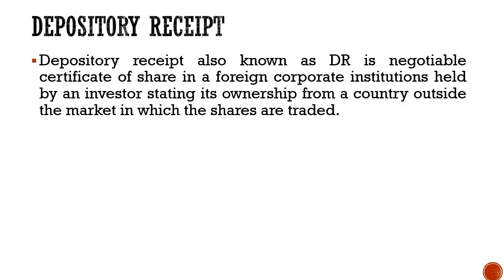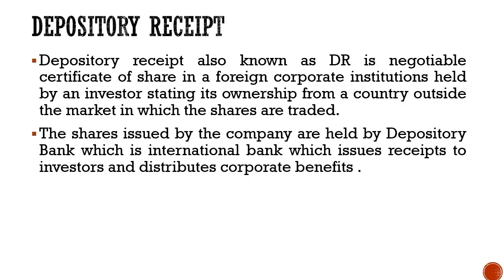In simple terms, a depository receipt is a negotiable certificate held by a foreign or overseas investor of a country which is outside the country of the issued share. The shares issued by the company are held by depository banks, which are international banks that issue the receipt to the investors and distribute corporate benefits.